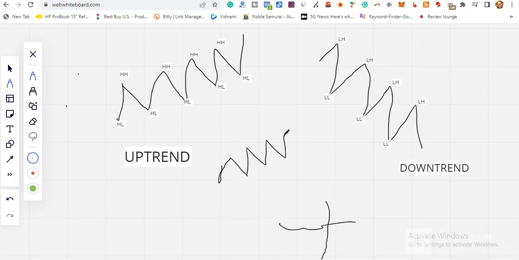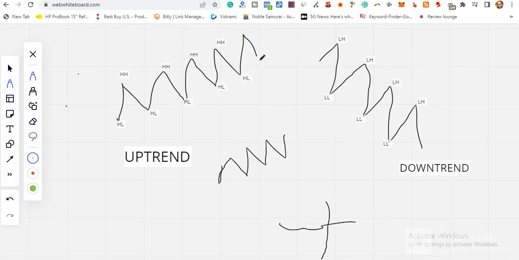Now how do you know the trend is about to change? When the pullback crosses the previous swing low. Let me show you from here. This is the higher low.